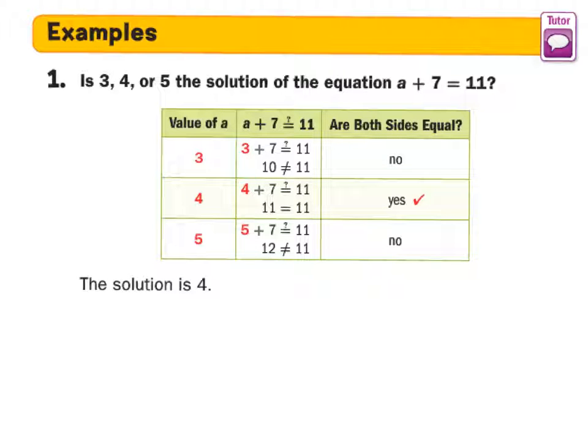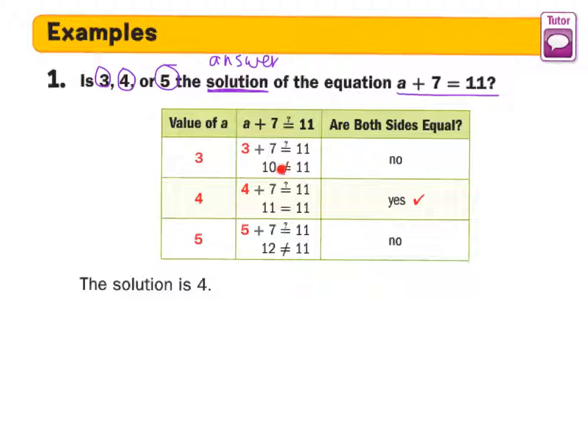In this first set of questions, it says, is 3, 4, or 5 the solution for the equation a plus 7 equals 11? If we check 3 plus 7, that is equal to 10.